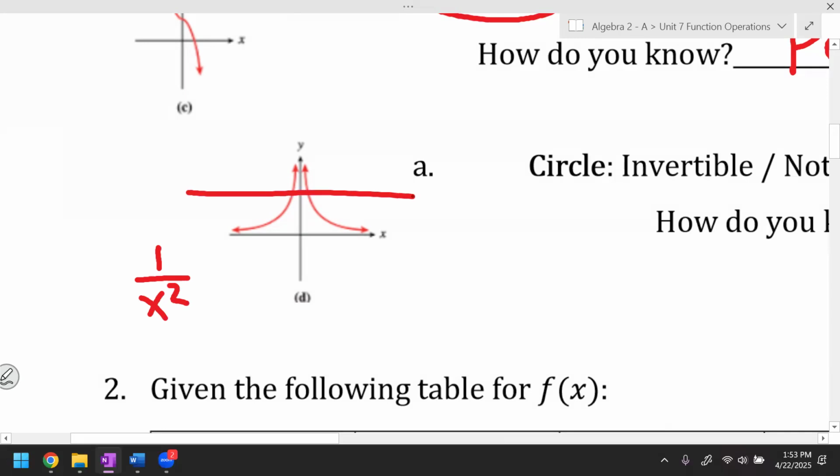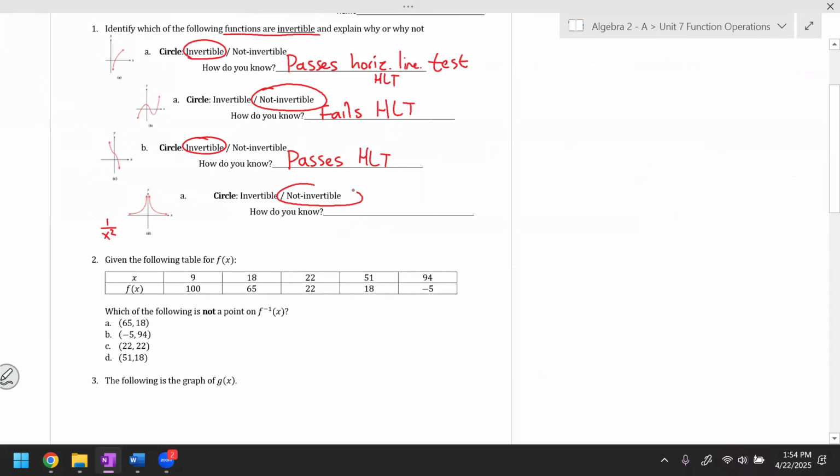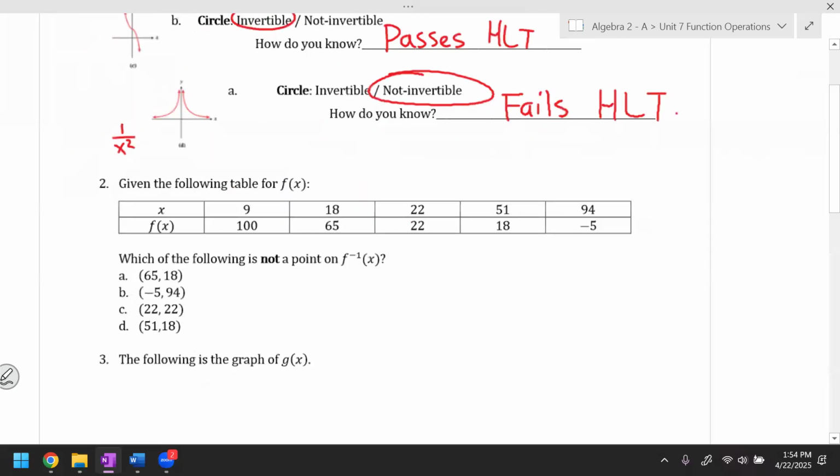Well, if I pass a horizontal line through it here, I hit the graph more than once. So this would fail my horizontal line test. Okay, so the horizontal line test checks if a function is invertible. The vertical line test tests if the original is a function.